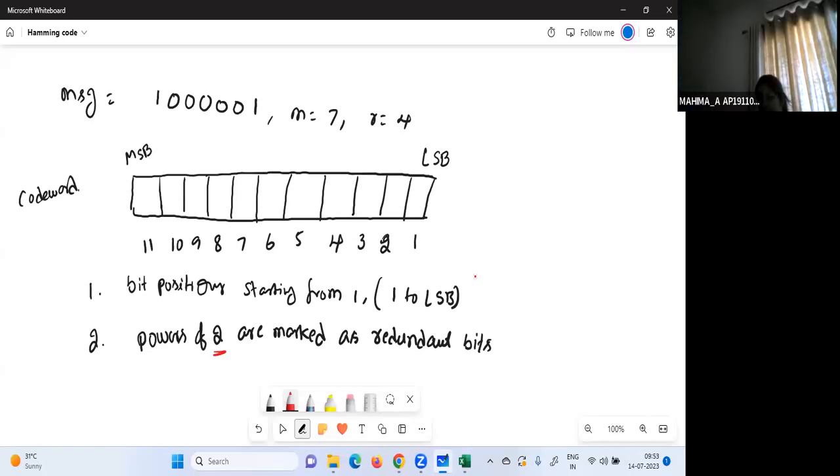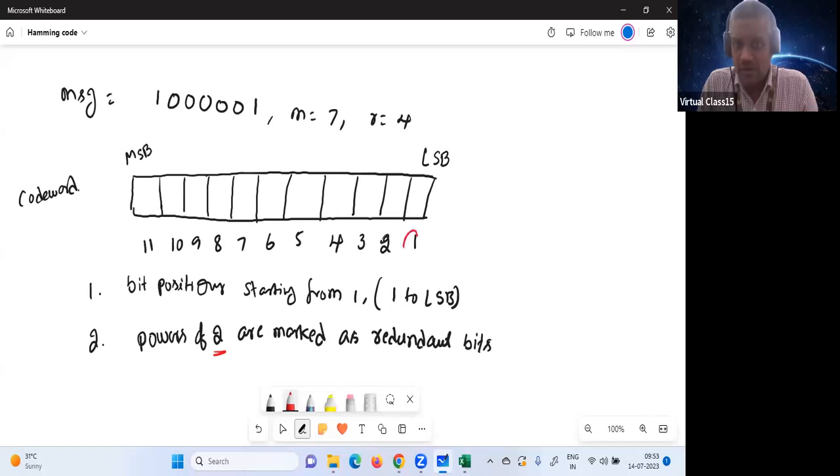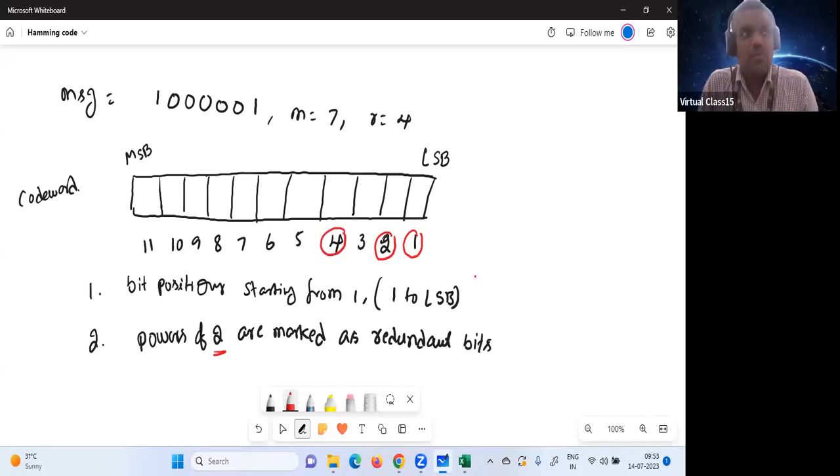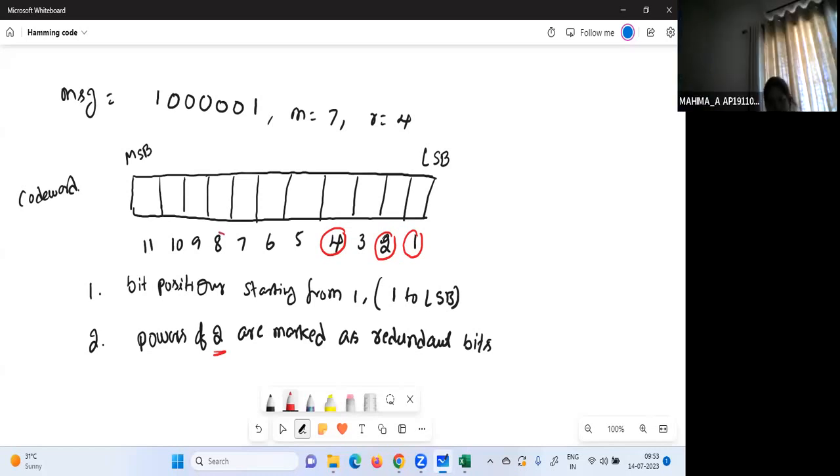2 power 0, that is 1, is a power of 2. 2 power 1, which is 2, a power of 2. 2 squared, 4, a power of 2. The next one is 8.